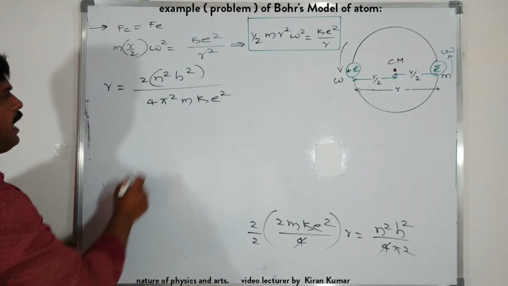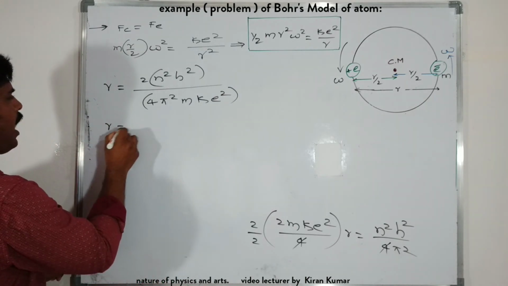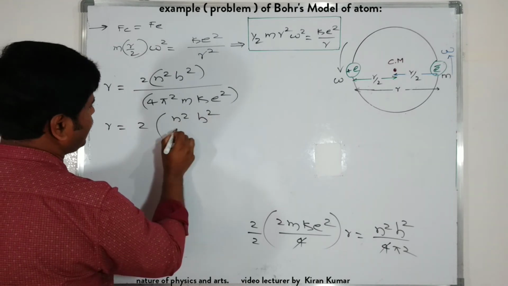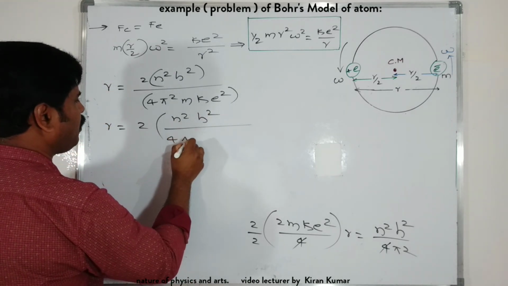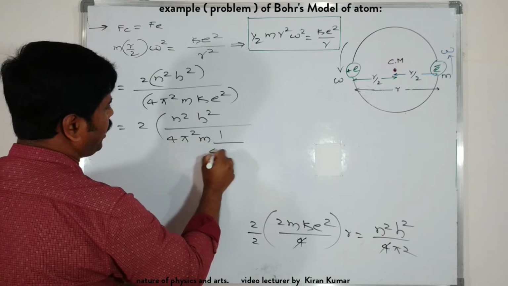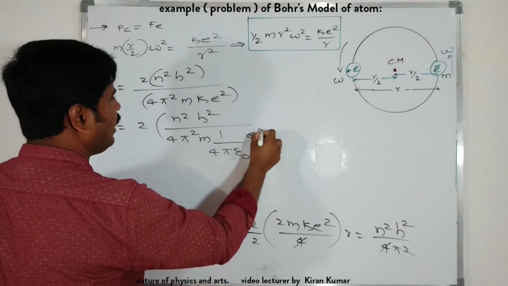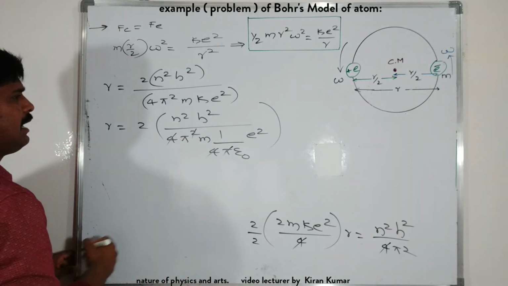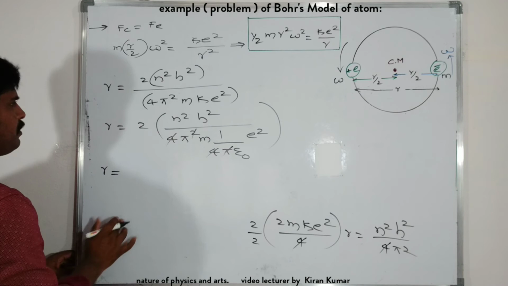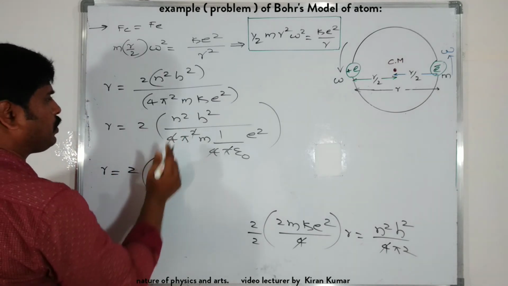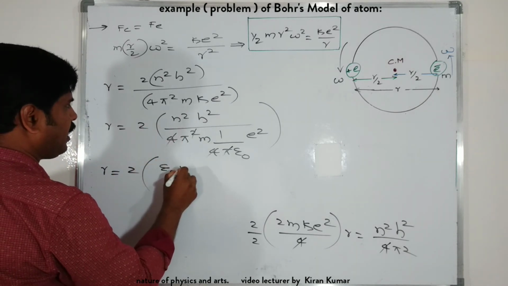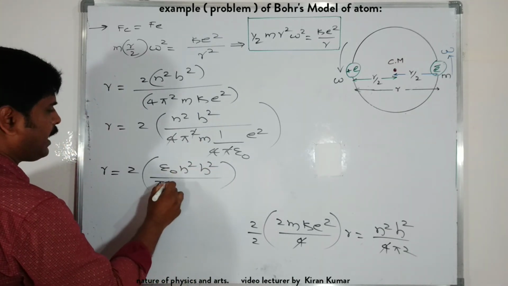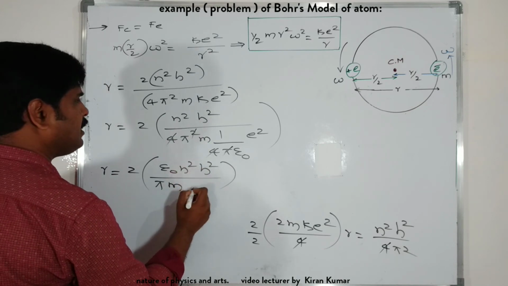So R is equal to 2 into n square h square divided by 4 pi square m into 1 by 4 pi epsilon naught e square. Here 4 get cancel, pi get cancel, and the resultant equation R is equal to 2 into epsilon naught n square h square divided by pi m z square.